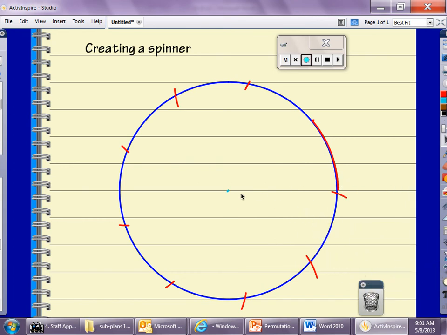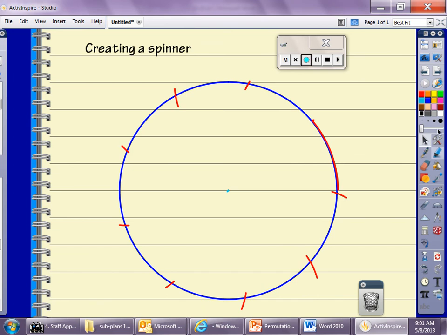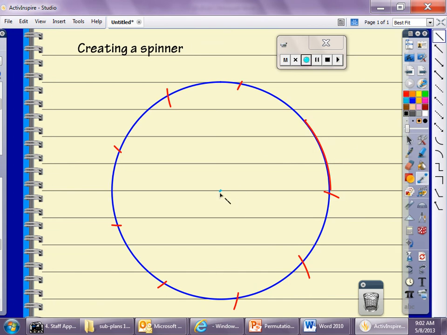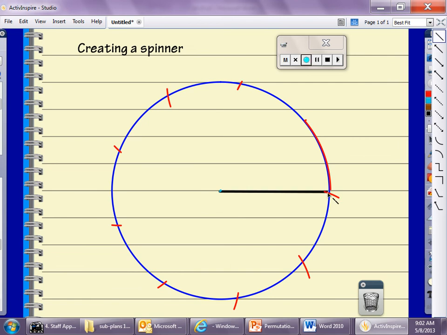And then you need your center point, so what you do now is you just take your ruler and you just mark all the sections.